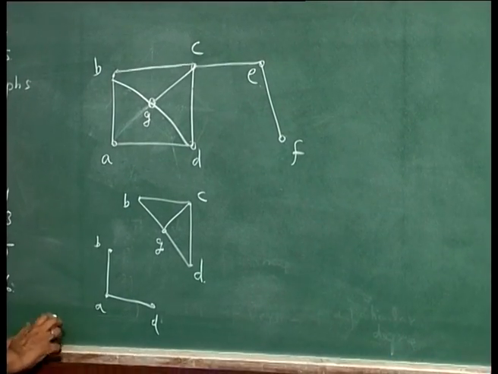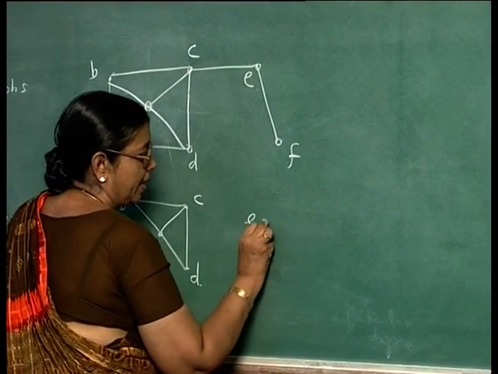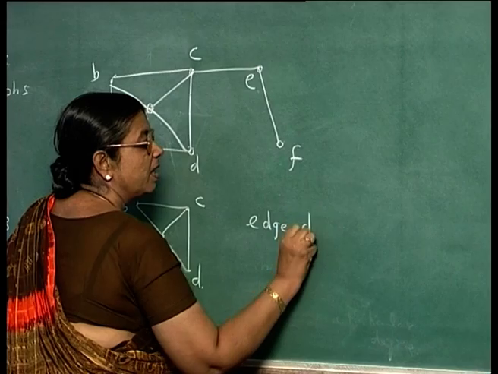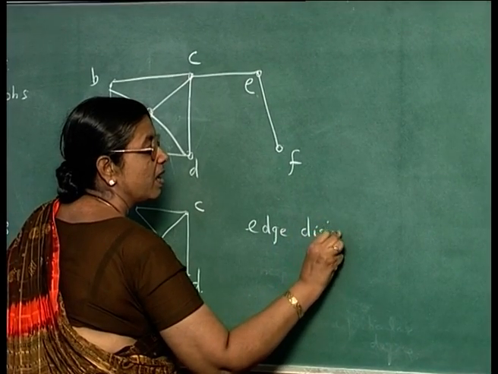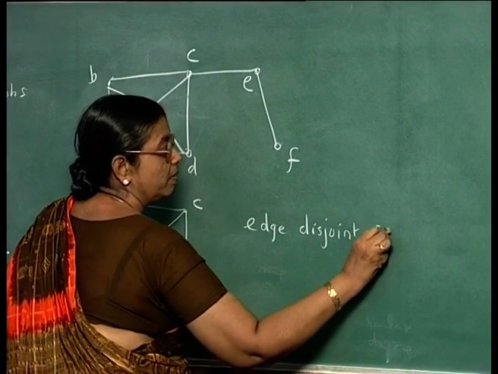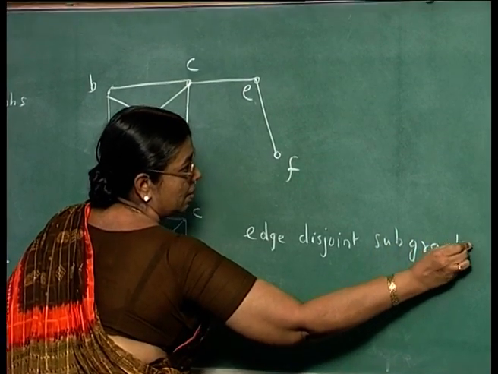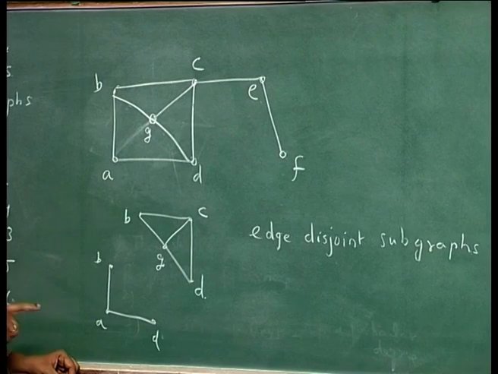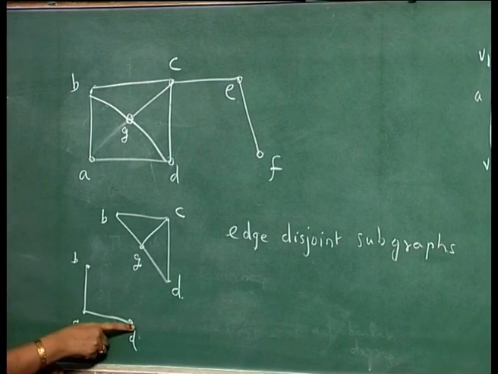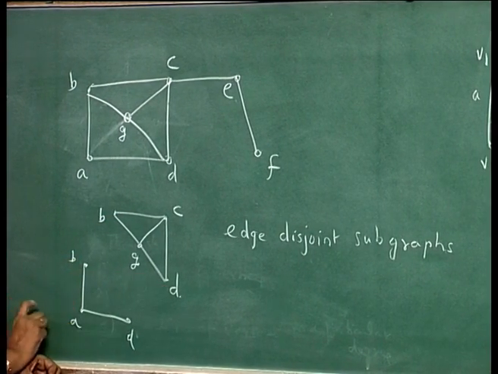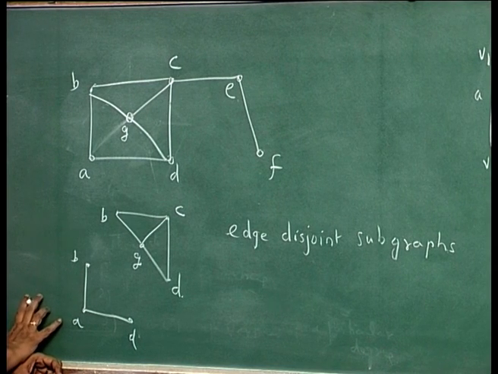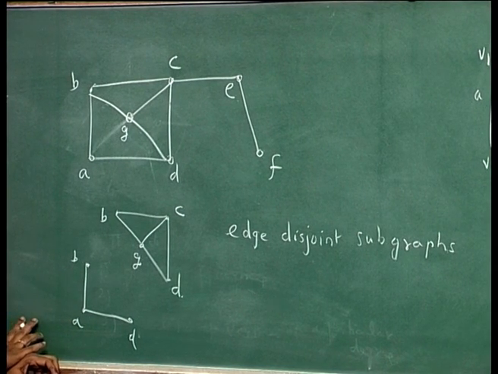They are called edge disjoint subgraphs. They have vertices in common. This also has B and D, this also has B and D, but no edge is common between them. So, they are called edge disjoint subgraphs.